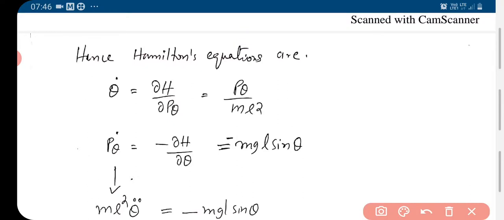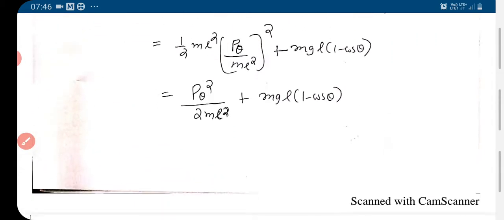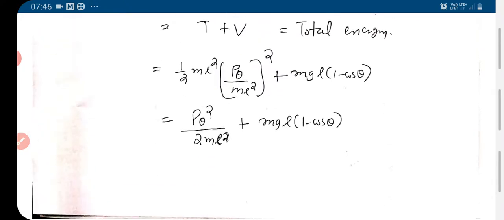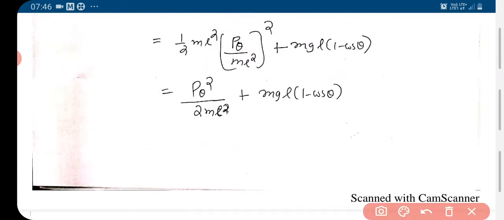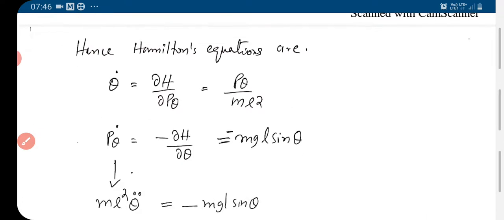Theta dot is given by dou H dou p theta, which is p theta by ml square. As we differentiate p theta square, we get 2 p theta, that 2 will get cancelled, and we have p theta by ml square.